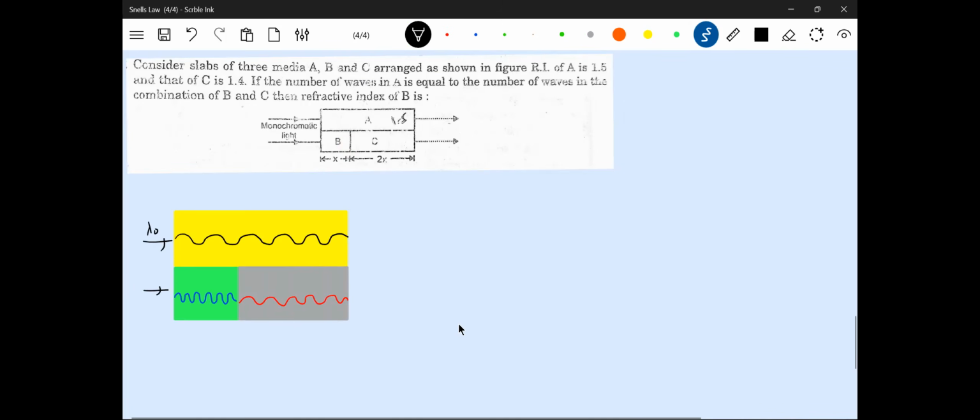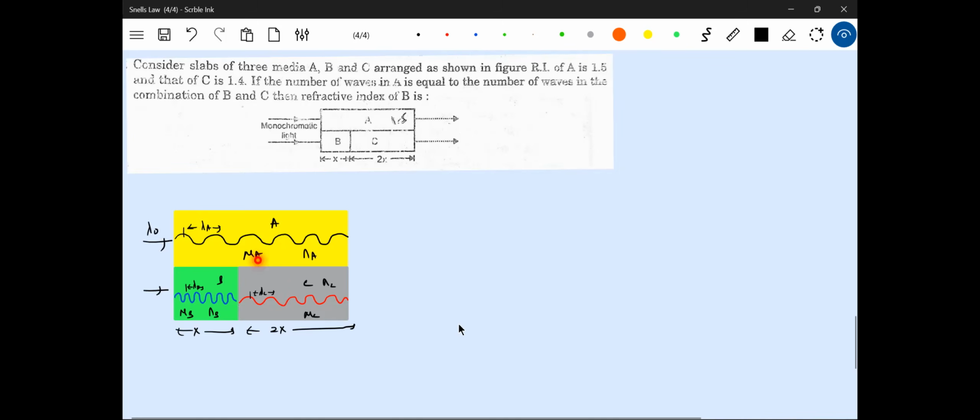You are definitely going to take this as one wavelength, lambda A. Here this is lambda B. This is lambda C. Number of waves here NC, here NA. Number of waves in this slab NB. This is data given for us. Let's get into refractive indices: mu C, this is mu B, mu A. The data given, we have put it here now.